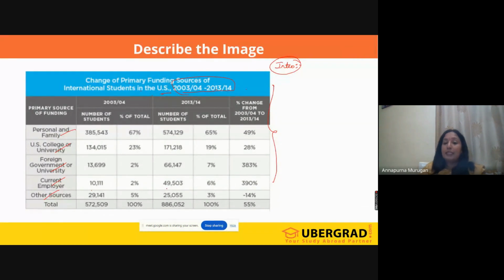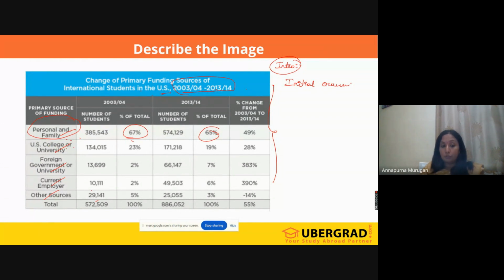And what is the initial overview? Initial overview means as soon as you see, you see personal, the education is funded basically. Okay, so that means year 67 and 65%, no matter what the years compared, it is crystal clear that international students are primarily funded by personal and family fundings, followed by that of the scholarships from university colleges.